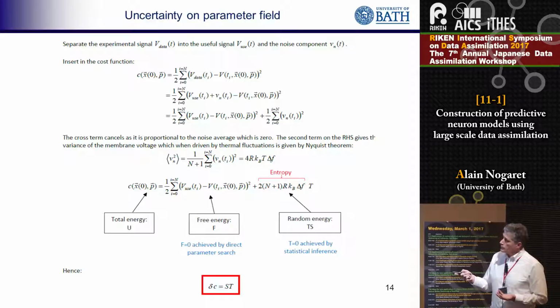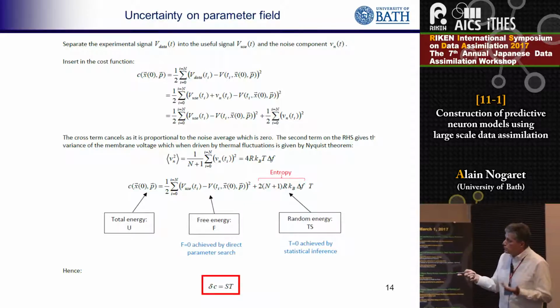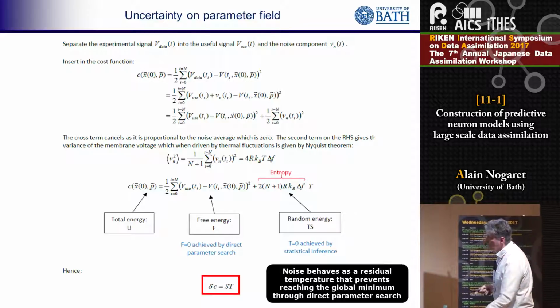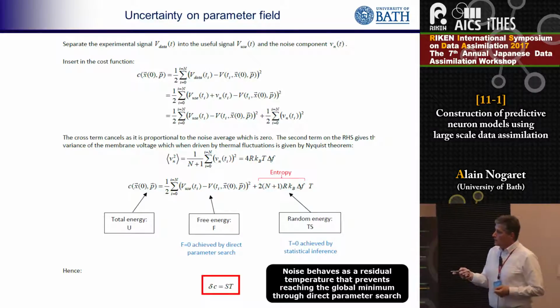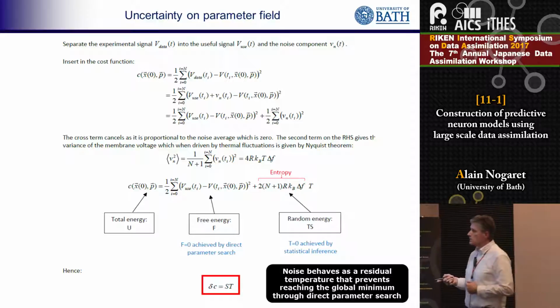You can minimize this free energy using a deterministic parameter search with data assimilation. And then you have a non-deterministic energy component, related to noise, that can only be handled by statistical inference. The moral is that there will be a minimum data misfit, delta C, which is proportional to ST. So you can never minimize the total energy by simply using data assimilation.